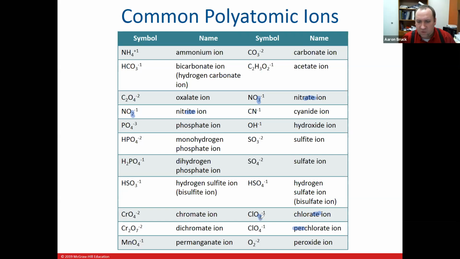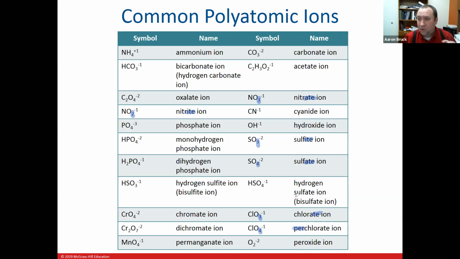The only difference between them is the one extra oxygen on the perchlorate ion. We already talked about sulfite versus sulfate, but again, the only difference there is in the number of oxygens.